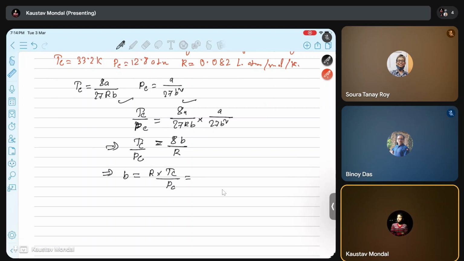That means 0.082 into 33.2, divided by PC, which was 12.8. The units are all consistent, right?